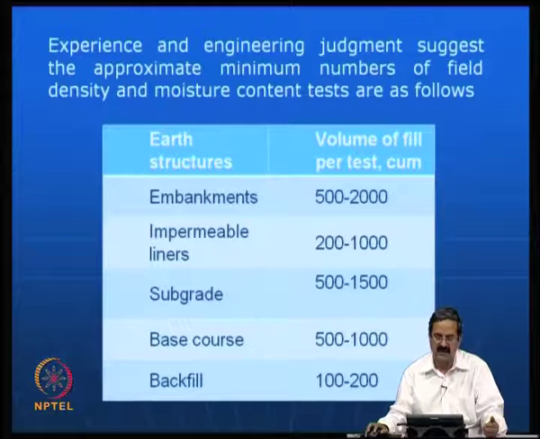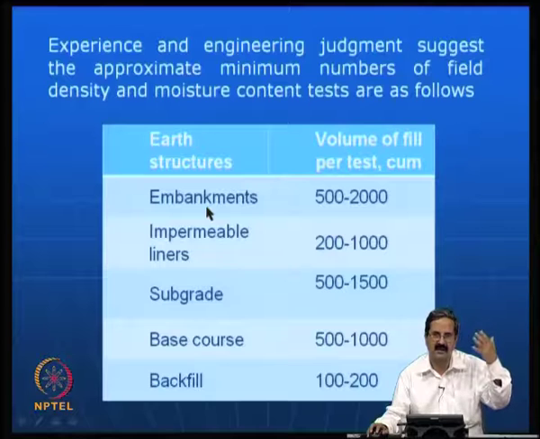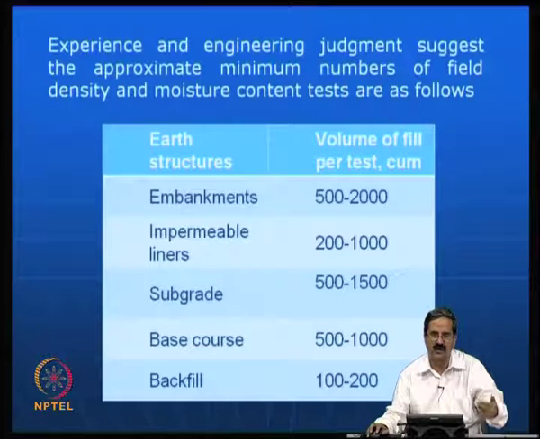Actually, there are some specifications in geotechnical engineering literature on what the volume per test should be. Say, for example, you want to build an embankment, a big highway embankment. If you have about 500 to 2000 cubic meters of material, you should definitely have one test, considering the height of the embankment, say 10 meters, and its longitudinal section.